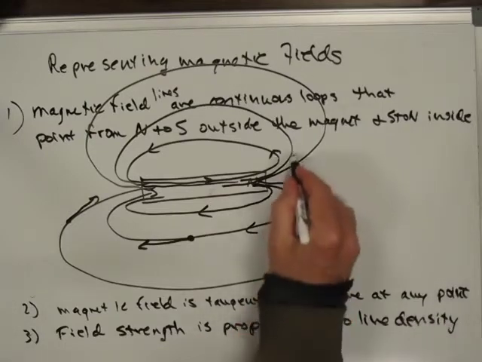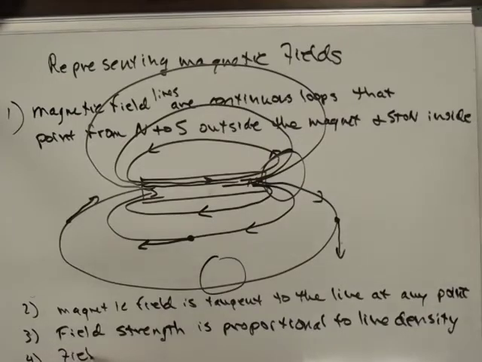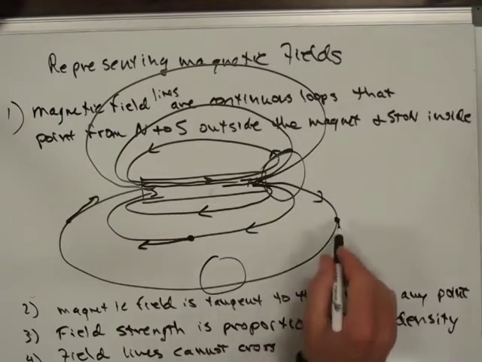Field strength is proportional to line density, so it's stronger there than it is out here. This is the Ghostbusters rule, just like for electric fields. Almost for the same reason.